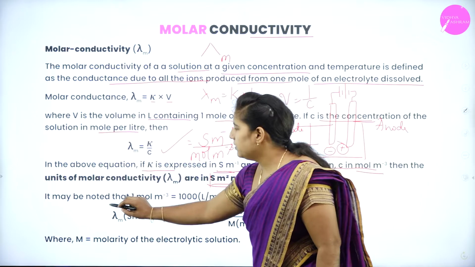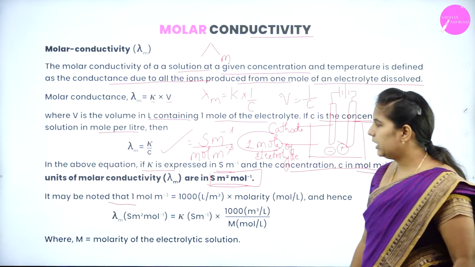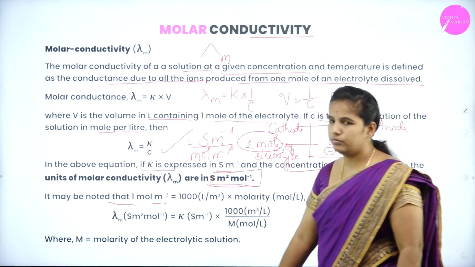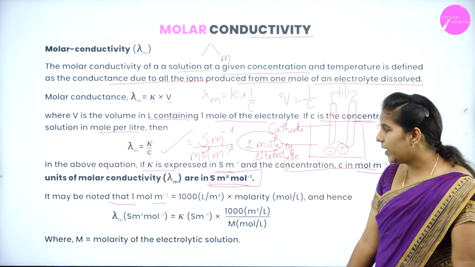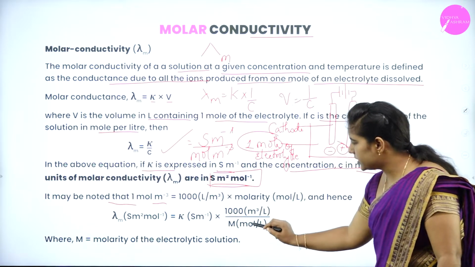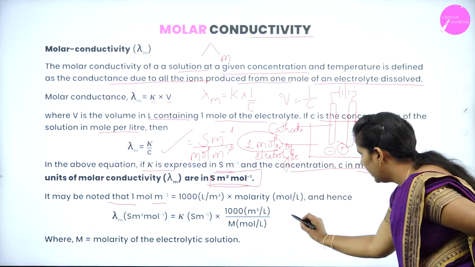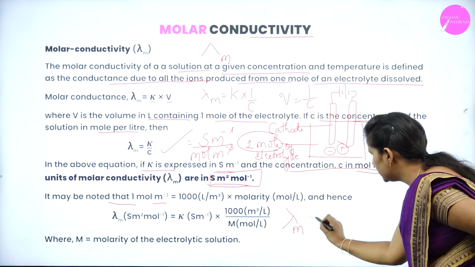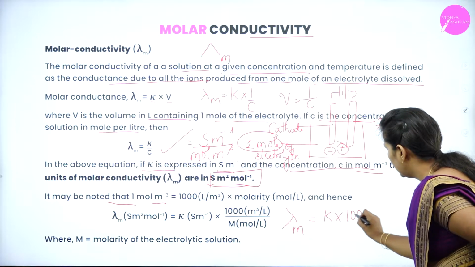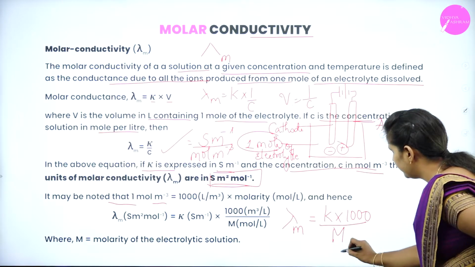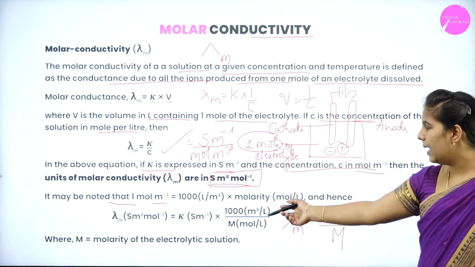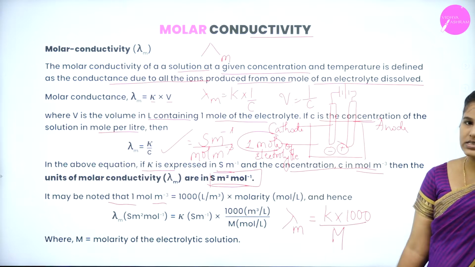Next, it may also be noted that if I want to take 1 mole in terms of meter cube, then the above equation can also be written as lambda m is equal to kappa into 1000 divided by M, where M is the molarity of the electrolytic solution.